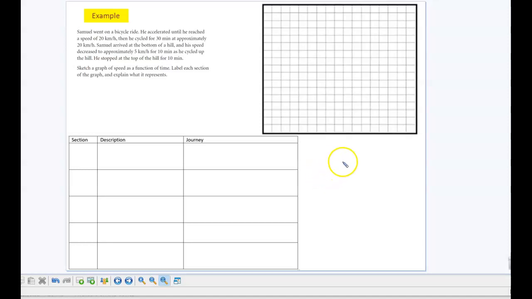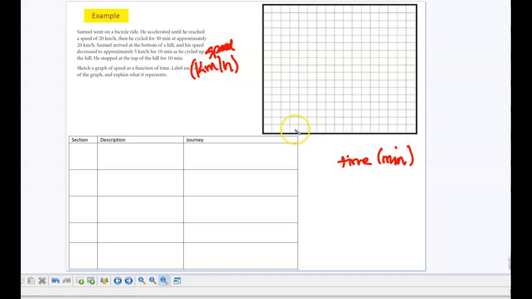Okay, so time is going to be down here, and this is going to be in minutes. And this side is going to be his speed, in kilometers per hour. And we need approximately 60 minutes here.